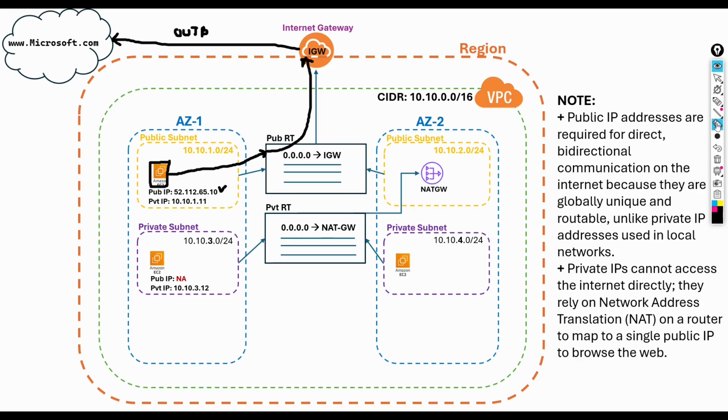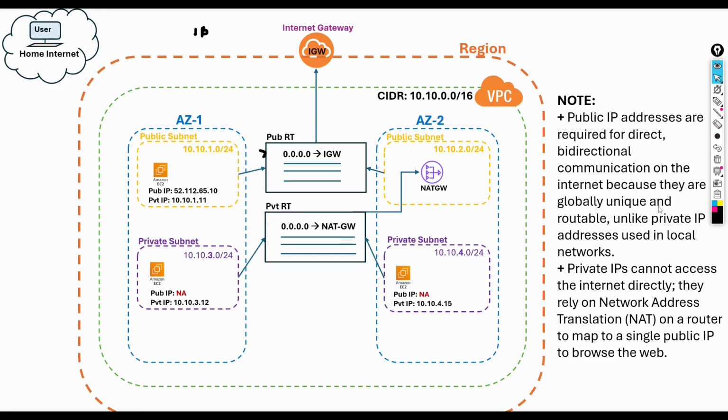Now we will discuss the inbound direction. For inbound direction, let me give you another example. Let's say there is one user sitting at home. From the user's home, over the home internet, the user is trying to access the server which is inside the public subnet.